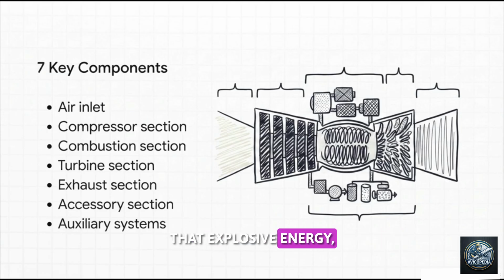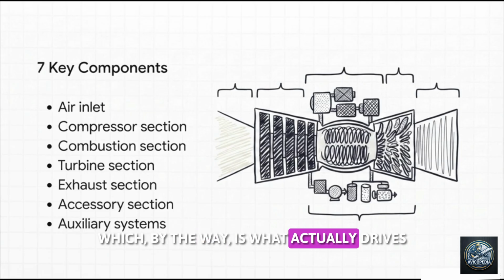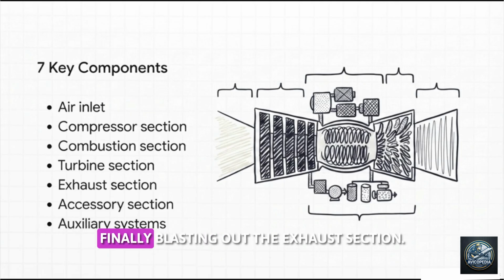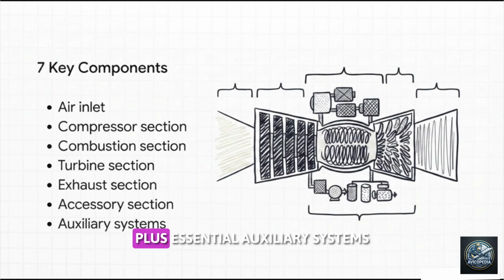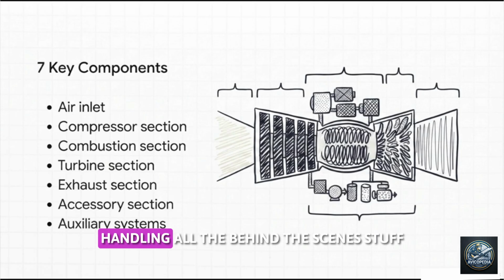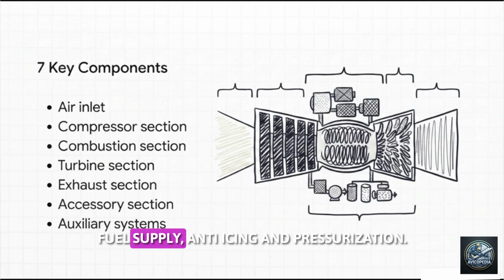That explosive energy then blasts through the turbine section, which, by the way, is what actually drives the compressor, before finally blasting out the exhaust section. And right alongside this main airflow path, we've got an accessory section plus essential auxiliary systems, handling all the behind-the-scenes stuff like starting, lubrication, fuel supply, anti-icing, and pressurization.